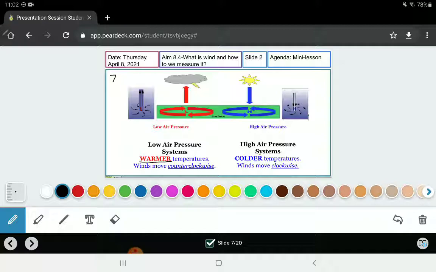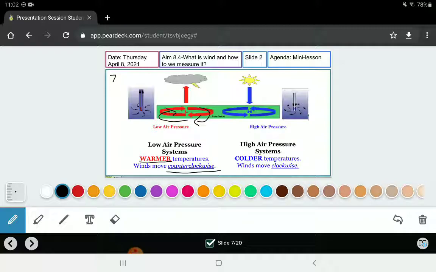In any low pressure system in the northern hemisphere, and we gotta remember this is for the northern hemisphere, the winds are going to move counterclockwise. In this diagram, you can see that the air is actually circling counterclockwise. The reason it circles like this is because of the Coriolis effect, which we will discuss in a few days' time.